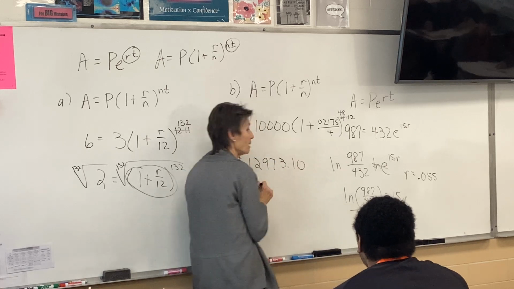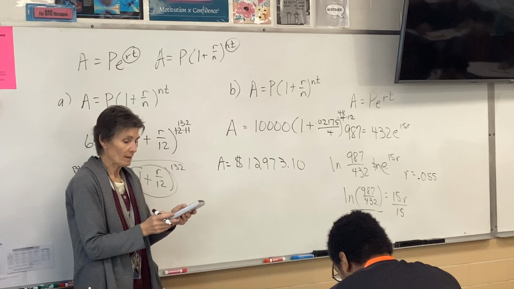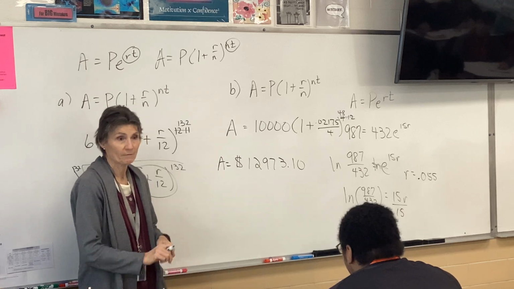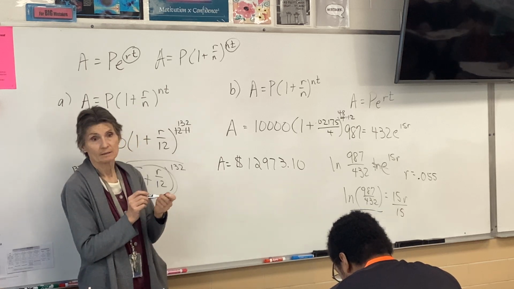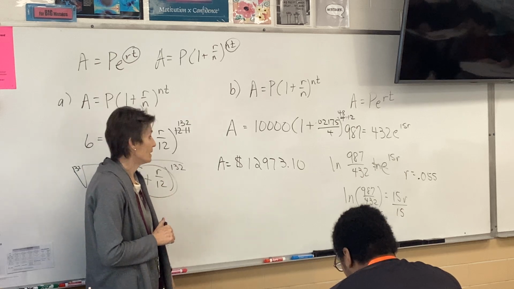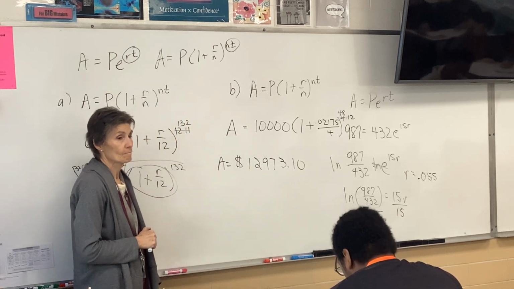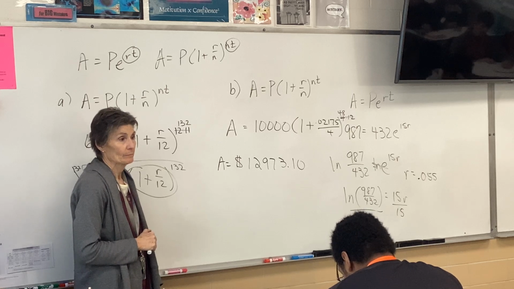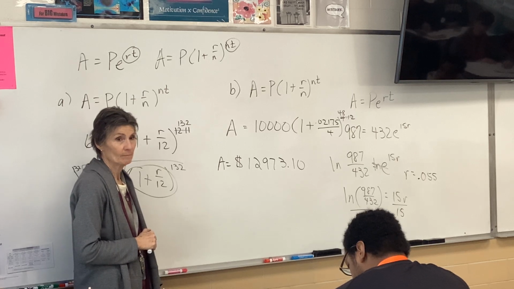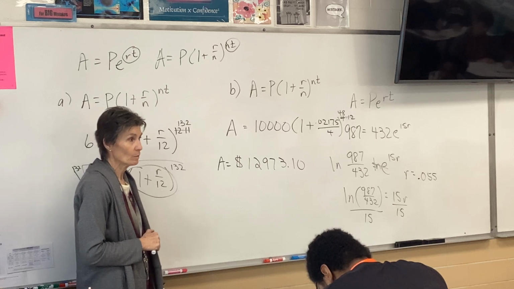Now remember, this is money. So no matter what the rounding directions are, you're going to round off to the nearest cent. Because that's all that makes sense with money. Is that what you got? Good? Is everyone?